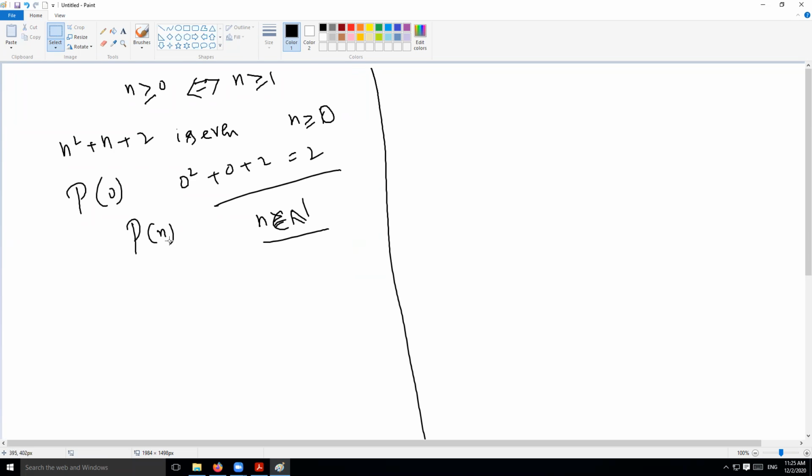So I'm not going to talk about p of n when n is an integer. Integers can come up somewhere in the proof, that's fine, but at the moment we are restricted only to statements where the numbers are natural numbers.